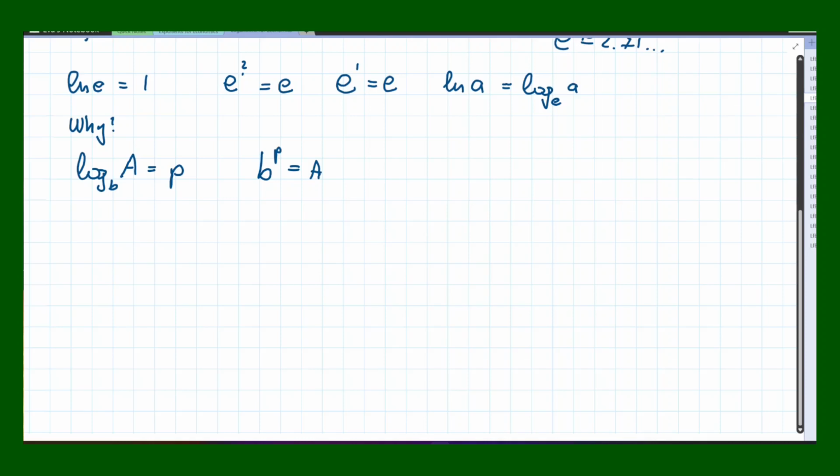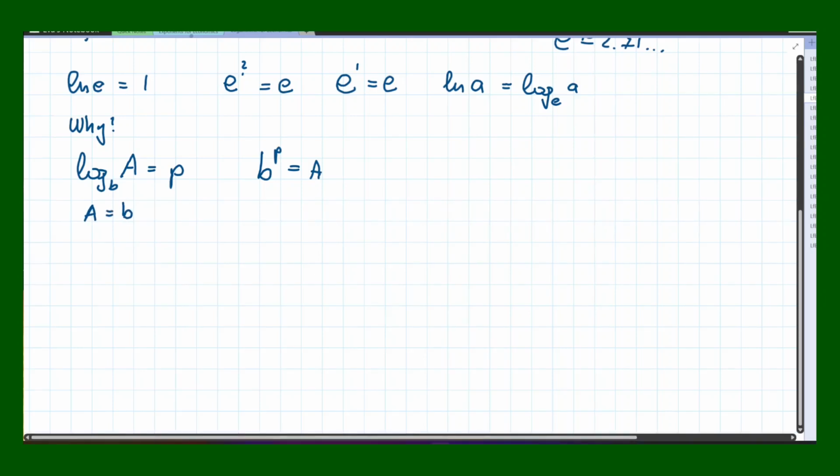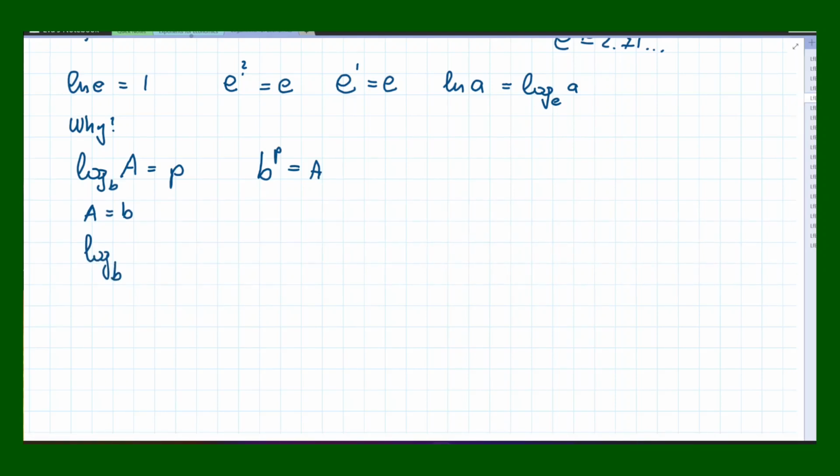Now, what's special about our case? Well, in our case, the argument is equal to the base itself. The question is now slightly modified and I'm basically asking, what is log base b of b equal to? I have to raise b to some power so that it is going to be equal to b itself.